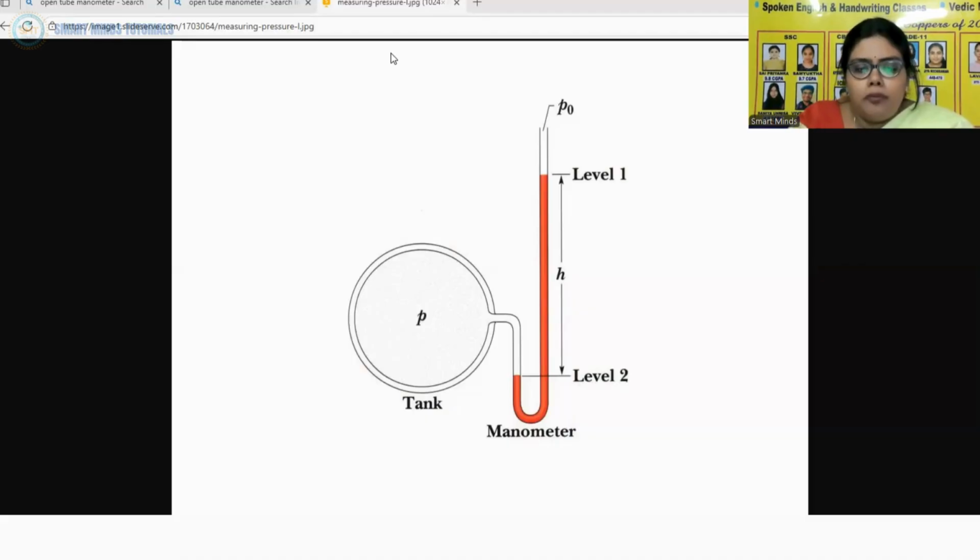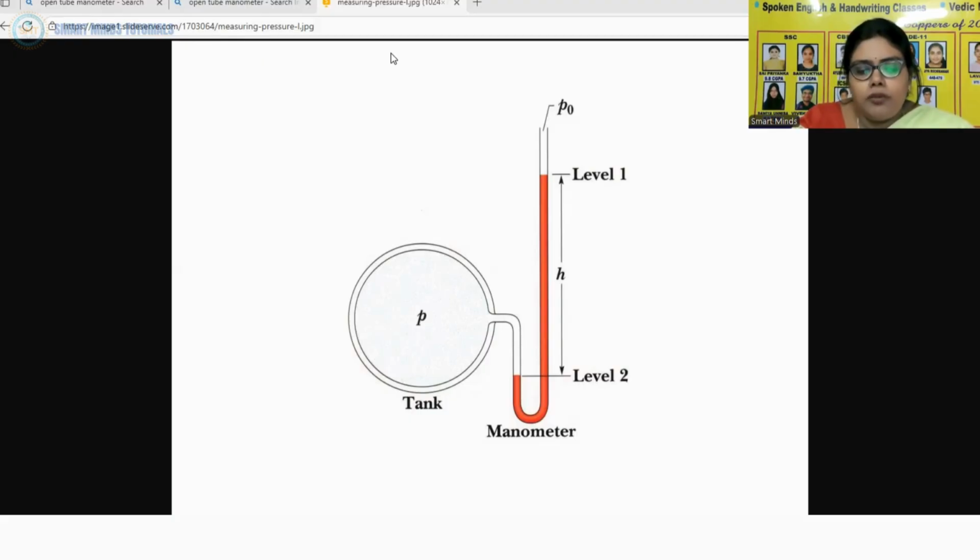An open tube manometer is a useful instrument for measuring pressure differences, and it consists of a U-tube containing a suitable liquid, that is a low density liquid such as oil for measuring small pressure differences, and a high density liquid like mercury for large pressure differences.